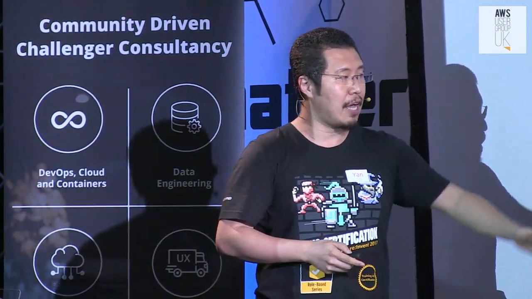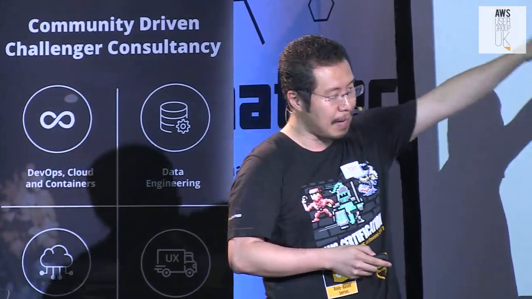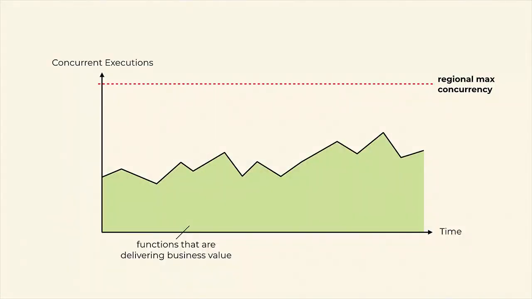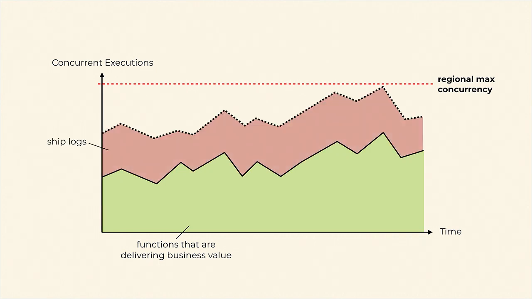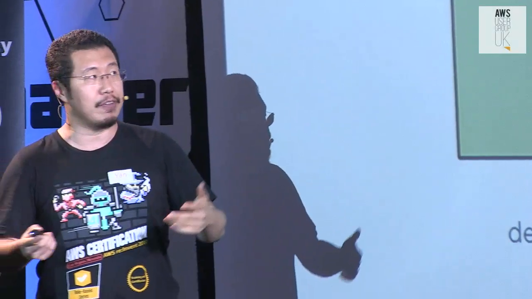In this case, in my region, I'm running loads of Lambda functions to serve my business critical APIs and services, and they're going to be writing to the CloudWatch logs. So in addition to the concurrency I'm using for the business functions, I'm also going to be using a lot of concurrency in my region to ship logs to my log aggregation service. And with Lambda, you have a default limit of 1,000 concurrent executions in the whole region.